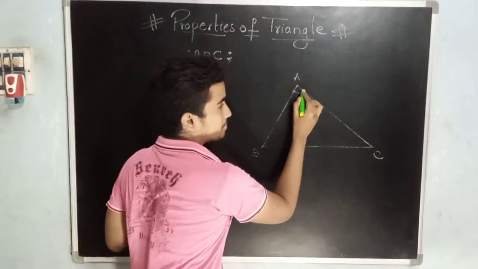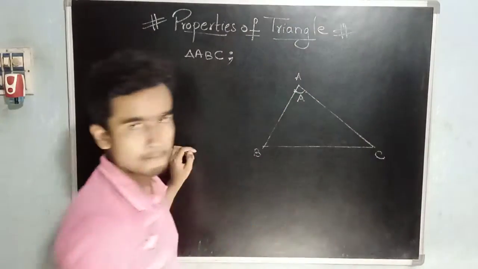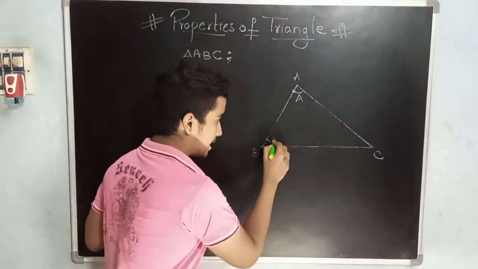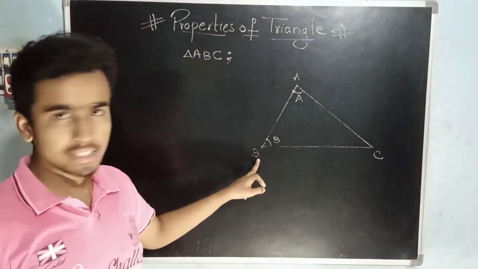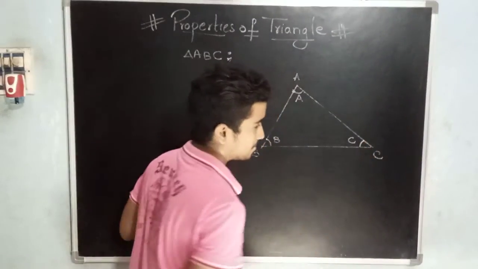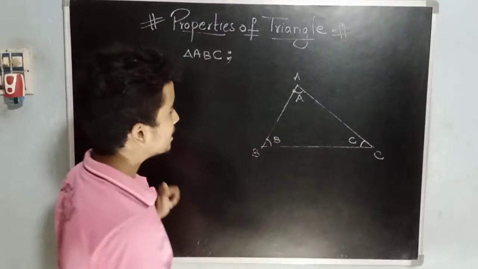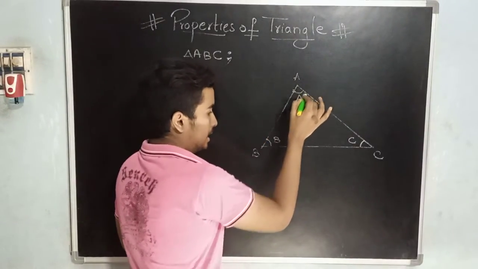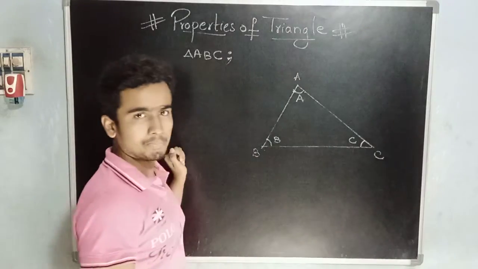This angle I call angle A because it is at vertex A, this angle B because it is at vertex B, and this angle C as it is at the vertex C.